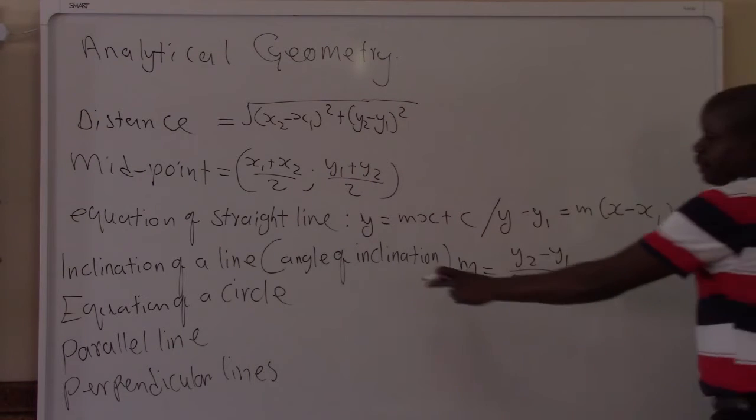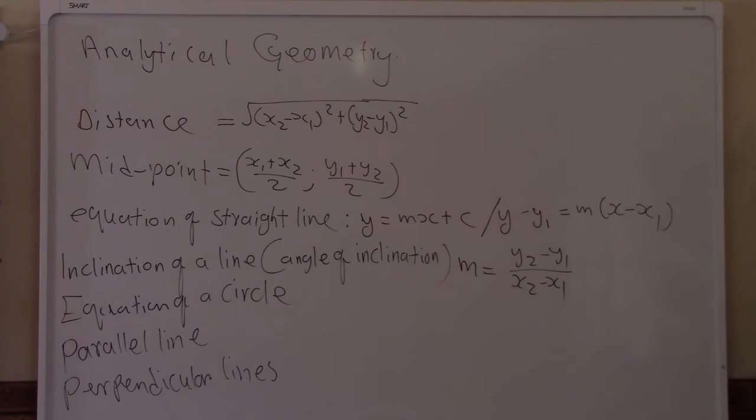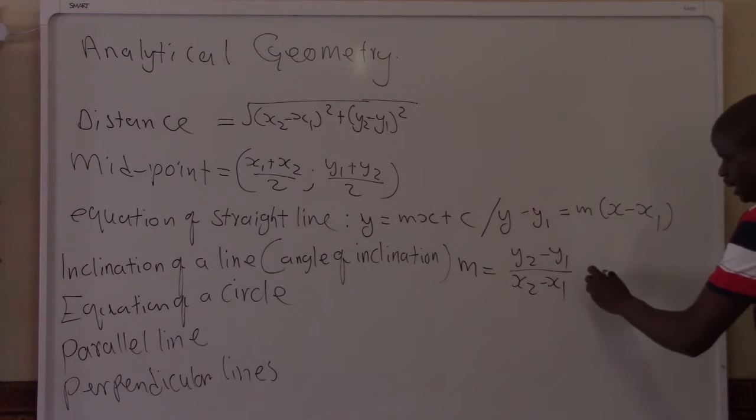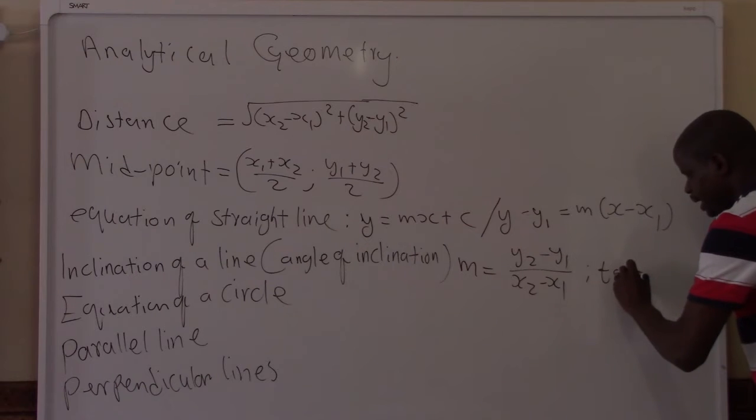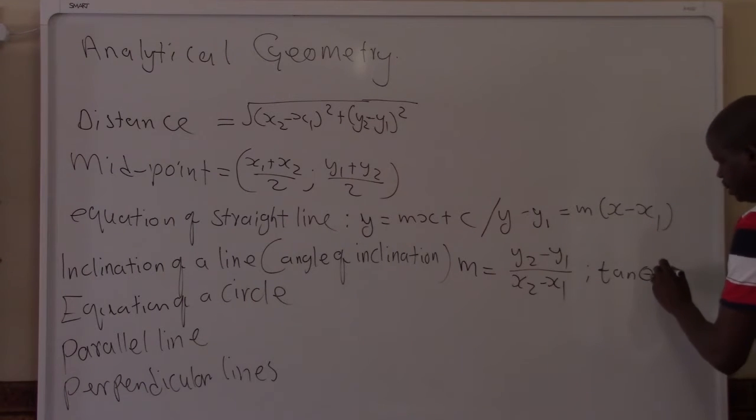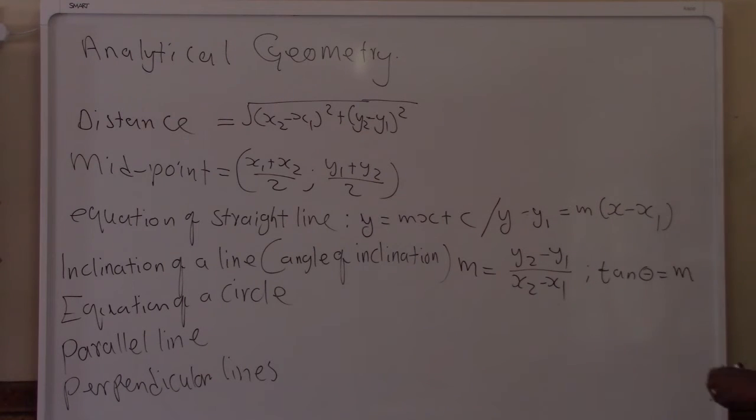And then again we have the angle of inclination. That angle of inclination is where we use the tan of an angle. It's equal to the gradient of that particular line.